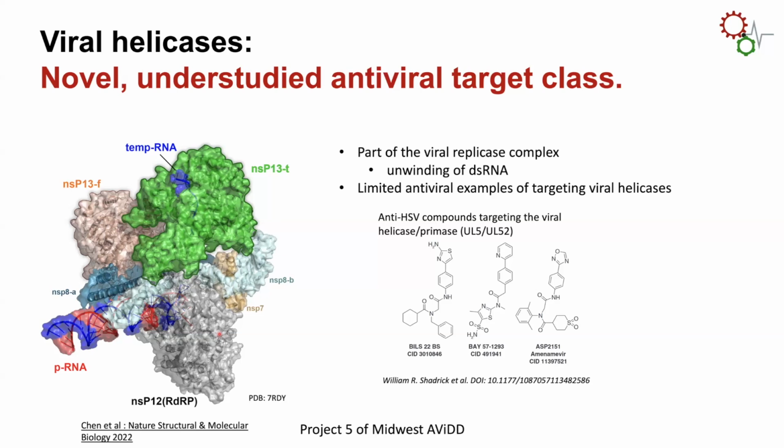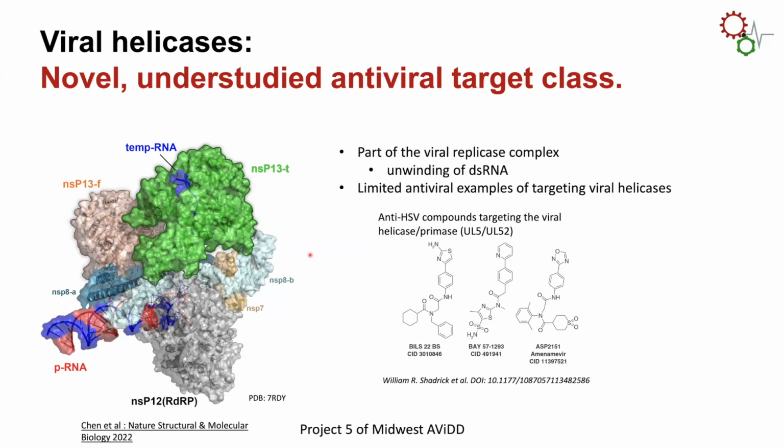On the left side, this is a cryo-EM structure solved by the Rockefeller group. Not only the RdRp, in this case of SARS-CoV-2, but also the other accessory proteins are modeled within this replicase complex. Not only the other small proteins, but there are also two copies of the viral helicase within this really nice replicase complex, which underscores the importance of the viral helicase during the replication cycle.